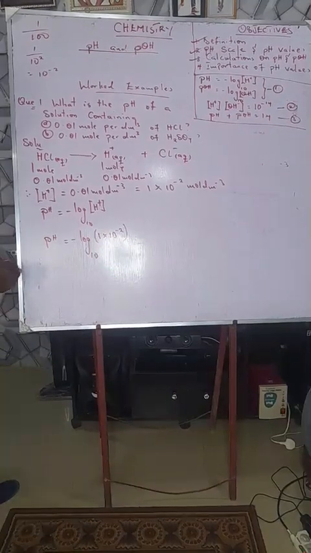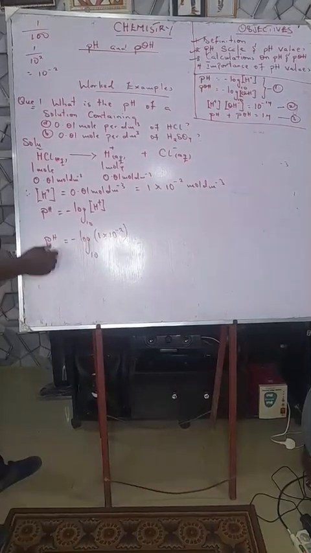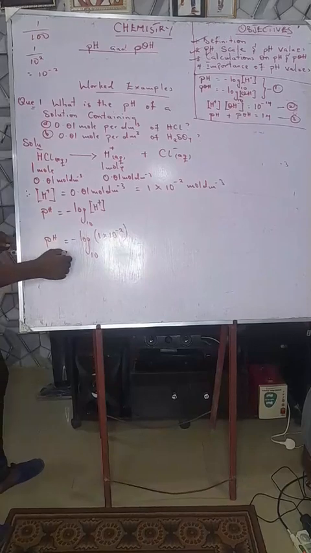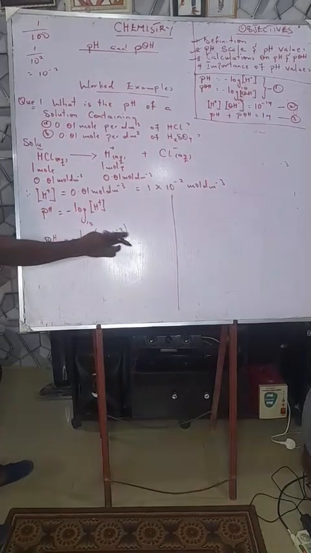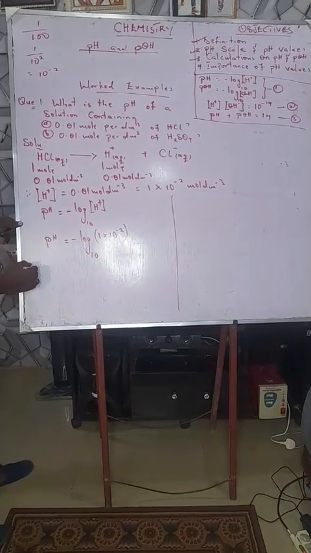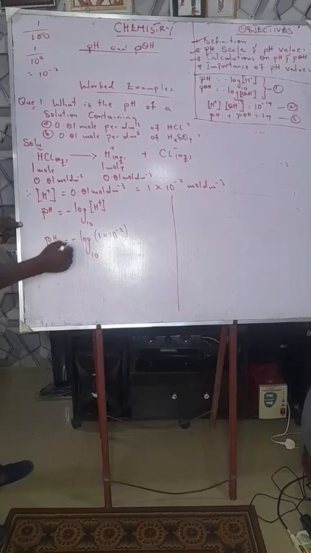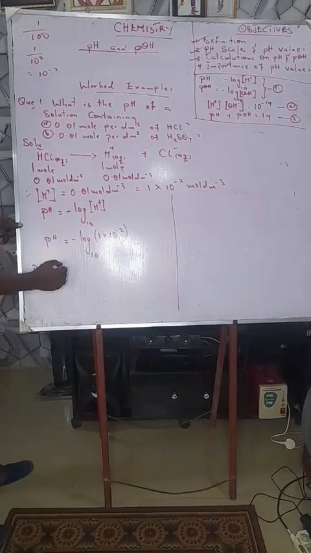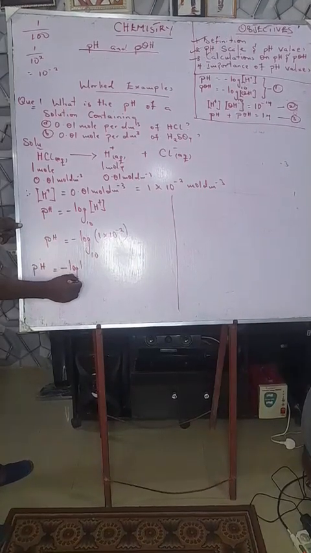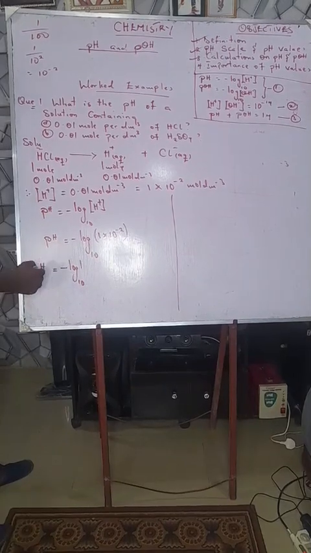So in this case now, remember your mathematics very well. You will use this one to open this bracket. So your pH now is going to be equal to minus log 10 times 1, which will give you minus log 1 base 10. You understand?